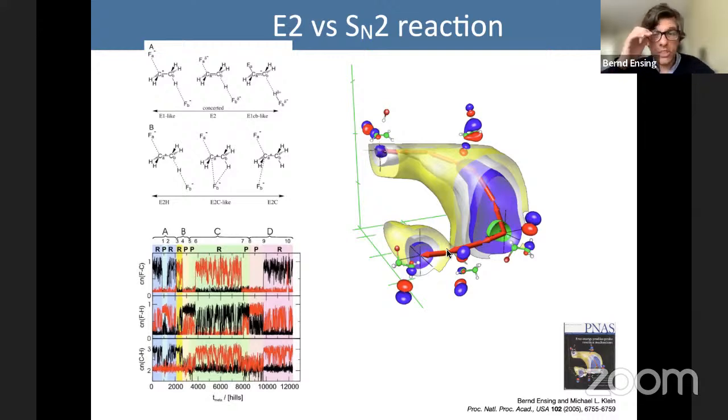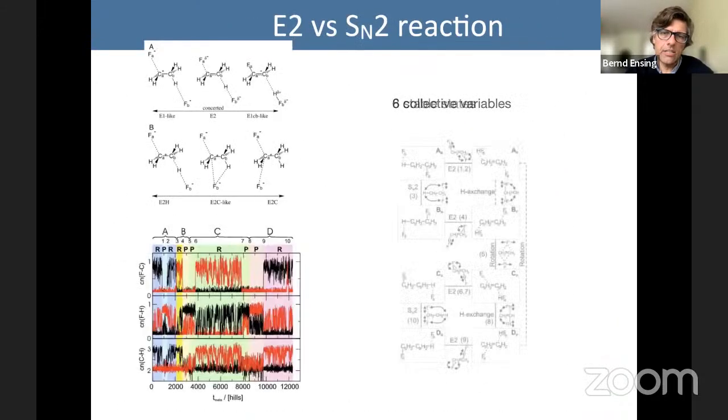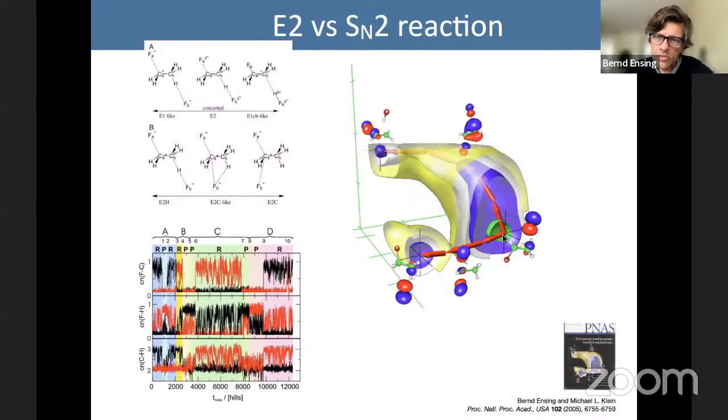So that was a nice success, but we realized that also metadynamics has its limits, and 6 collective variables is not really doable. Instead, what we did then was focus on these red lines.